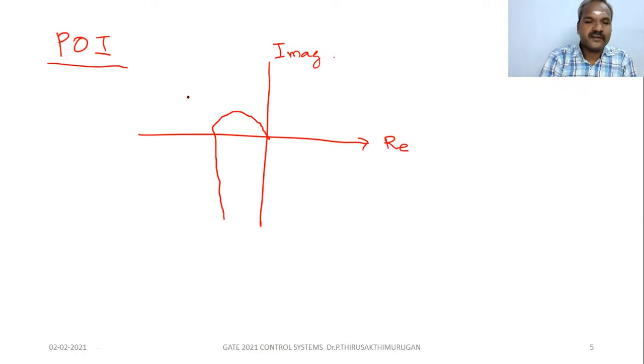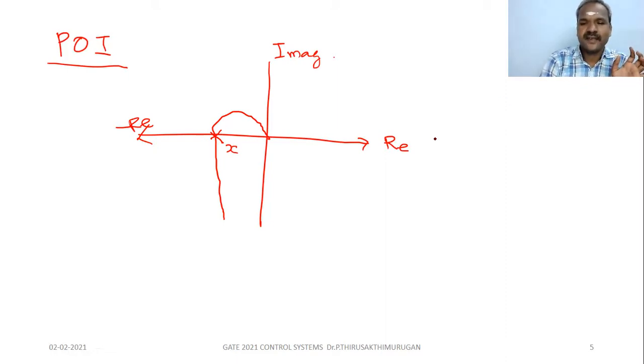The point of intersection on the negative real axis is calculated. This is the negative real axis, right? Say this point is x, that is minus x, but we take only the magnitude. So let x be the point of intersection, and it is the magnitude at the phase crossover frequency.